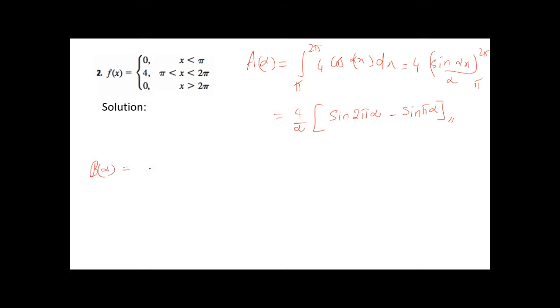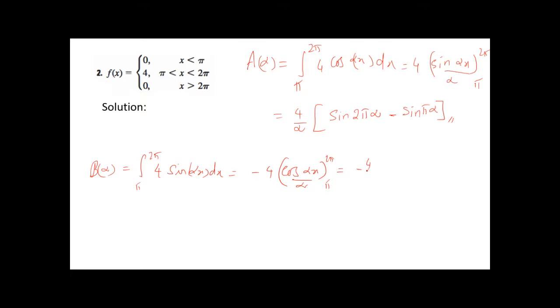And B of alpha will be from pi to 2 pi integration. The function is 4, and now the kernel is sine alpha x dx. So integration of sine will get you negative cosine. This is negative 4 cosine alpha x over alpha from pi to 2 pi.